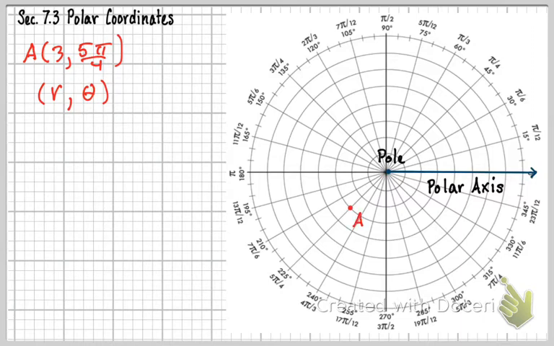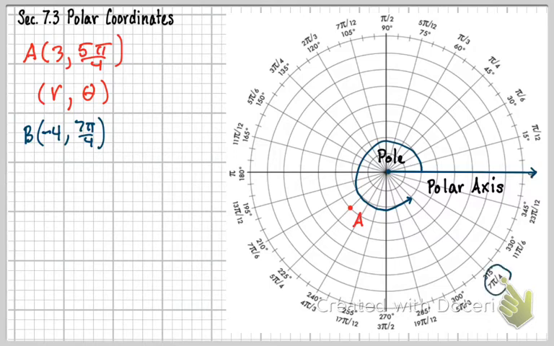Now let me give you another point. Let's take point B, -4, 7 pi fourths. That means I'm going to go all the way around to 7 pi fourths, which should take me to about there, because that would be 315 degrees.